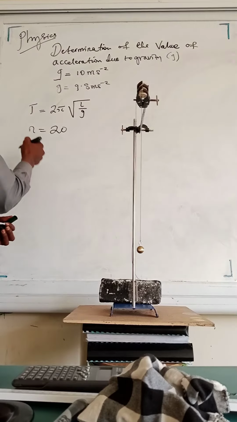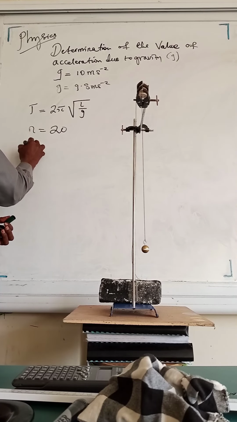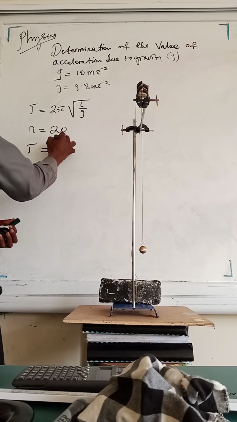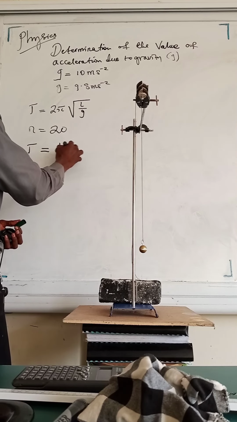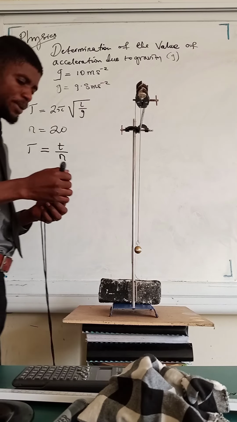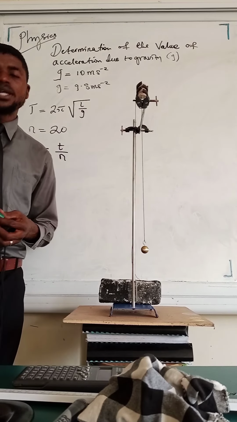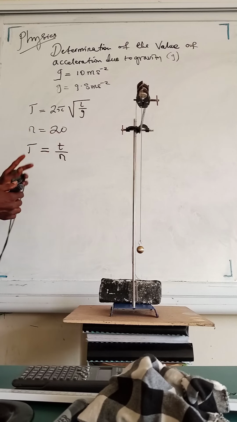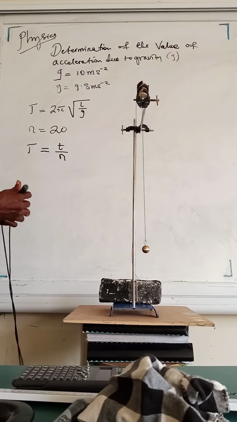And so we are going to use this equation as well. T equals time taken over the number of complete oscillations.